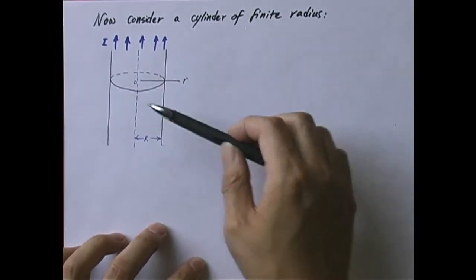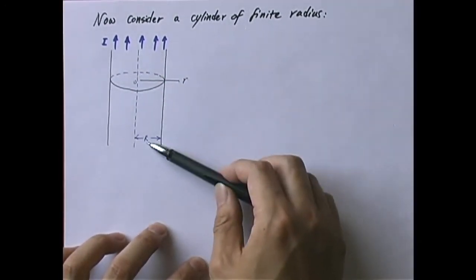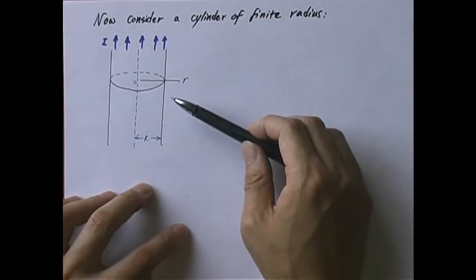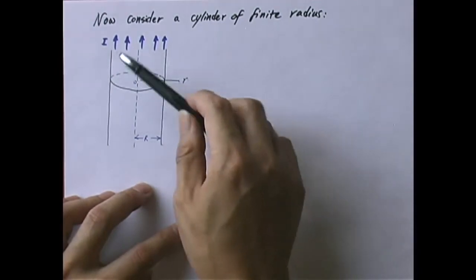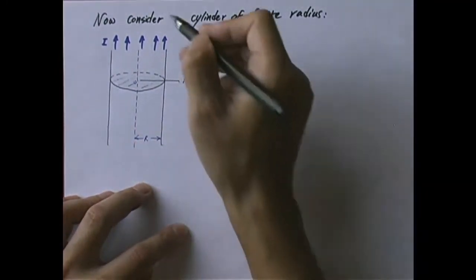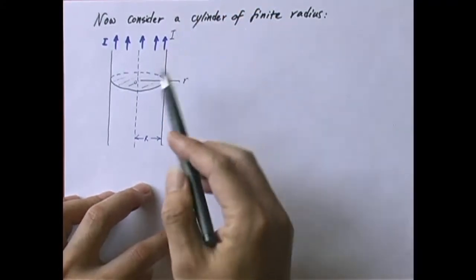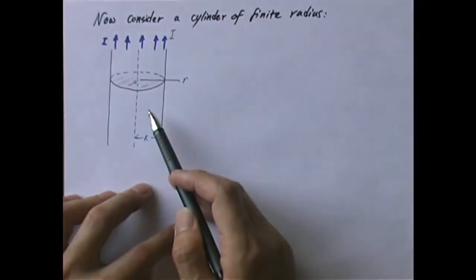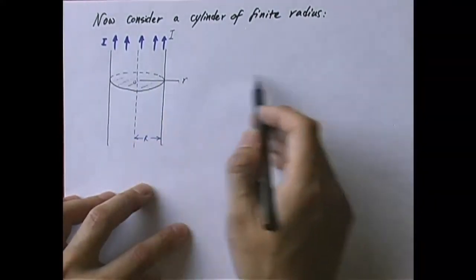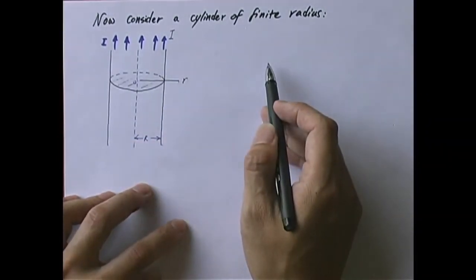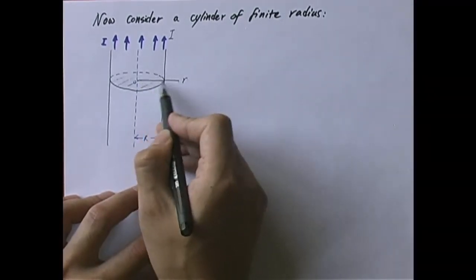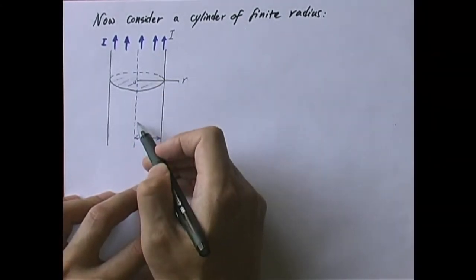This wire is now expanded into a cylinder of finite radius, but it's still infinitely long, and there is a uniform current distribution over its cross-sectional area. The total amount of current is I, distributed uniformly. What I want to know is the magnetic field everywhere in space as a function of r, which is measured perpendicularly from the axis of symmetry.